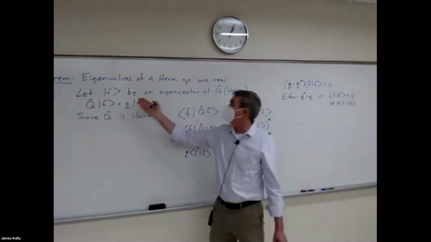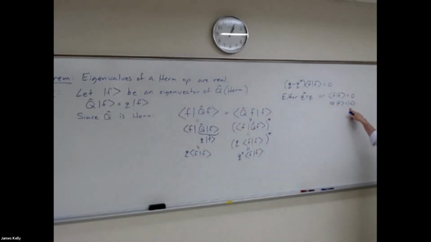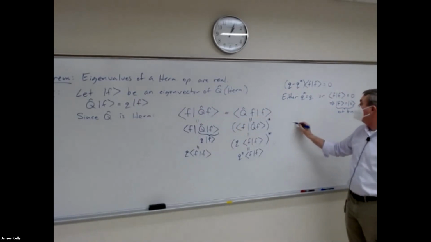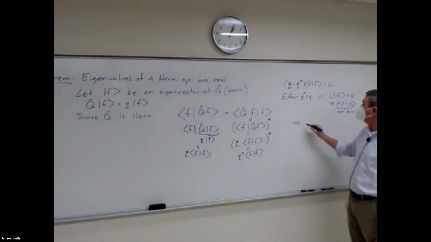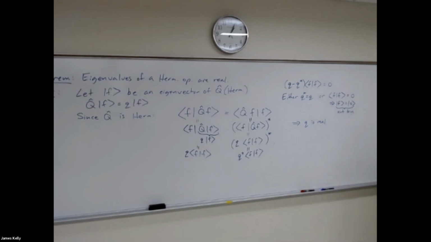We're assuming F is an eigenvector, but 0 is never an eigenvector. So this cannot be true by our assumption. And therefore, this is true. And so the final conclusion is that Q is real. The eigenvalues of a Hermitian operator are real.